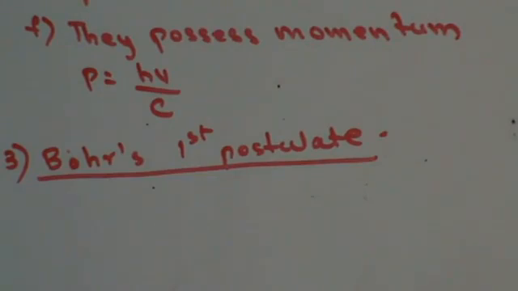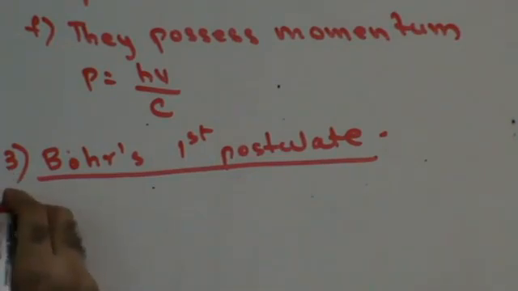Since the electron is moving in a circular orbit, it will have some centripetal force. The centripetal force required for the circular motion is provided by the electrostatic force of attraction between the positively charged nucleus and the negatively charged electron. Why is it continuously moving in the circular orbit? Because of the electrostatic force between the positively charged nucleus and the negatively charged electron. Fine.